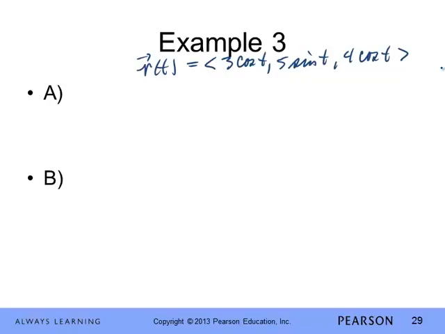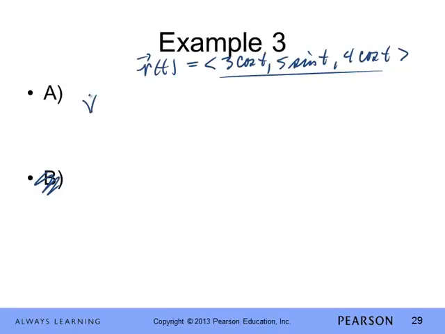And let's answer the question, does this object whose motion is described by this vector valued function move on a sphere? We won't do part B probably, but does it move on a sphere?